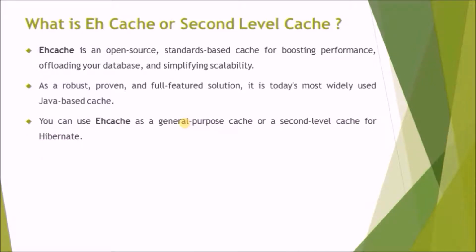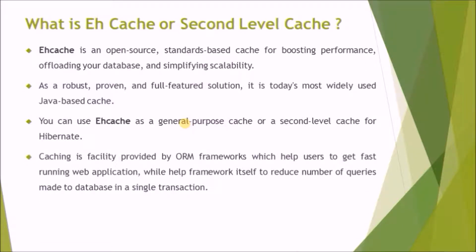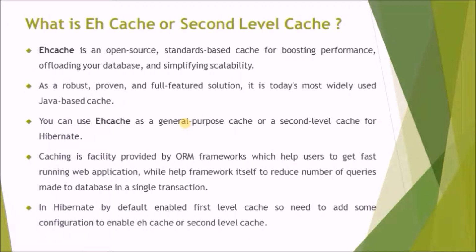You can use Ehcache as a general-purpose cache or a second-level cache for Hibernate. Caching is a facility provided by ORM frameworks which helps users get a fast-running web application, while helping the framework itself reduce the number of queries made to the database in a single transaction. In Hibernate, first-level cache is enabled by default, so we need to add some configuration to enable Ehcache or second-level cache.